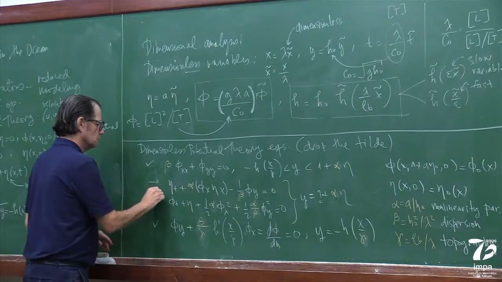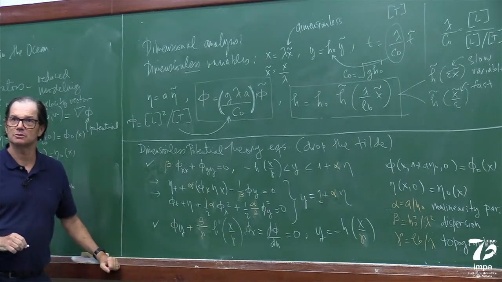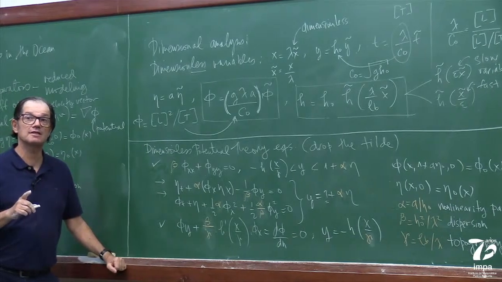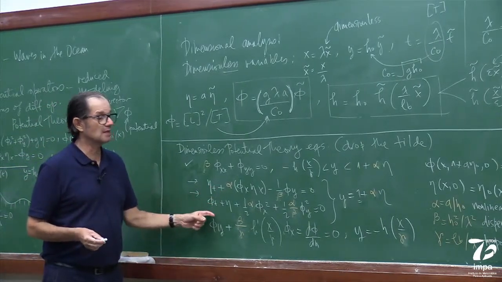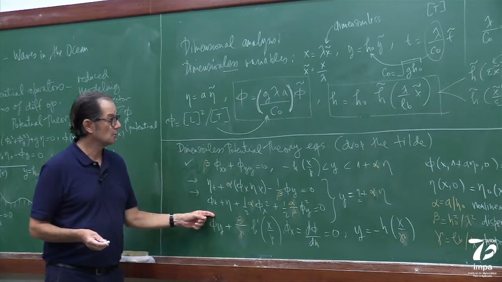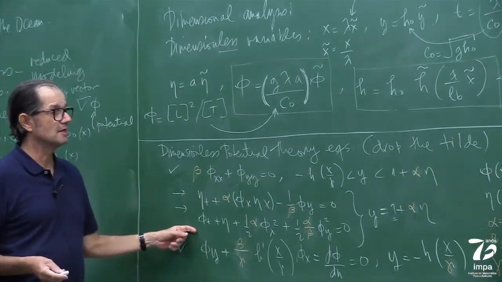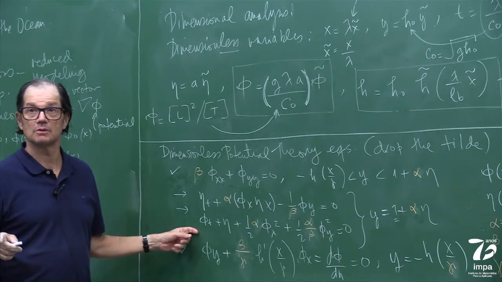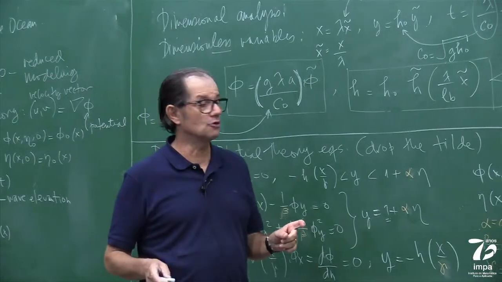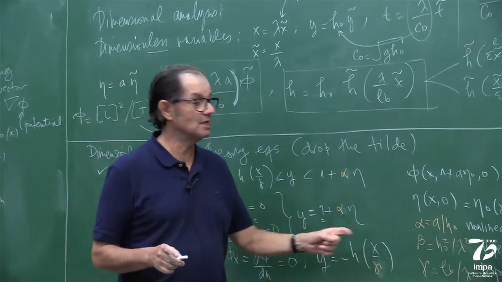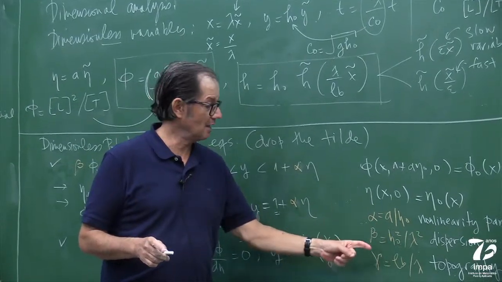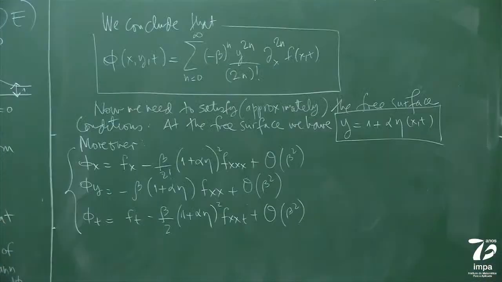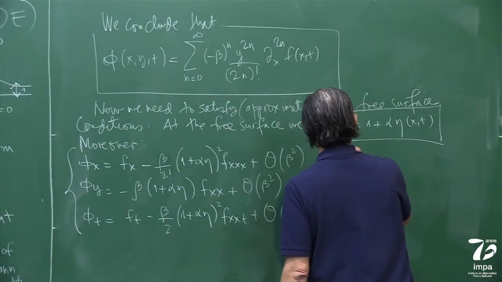We have now to satisfy these two, but here is the key thing. We're going to do approximations, which is we want to satisfy this in the weakly nonlinear, weakly dispersive regime. Weakly nonlinear, weakly dispersive regime means first order in alpha and first order in beta. So, okay, here I should write this.